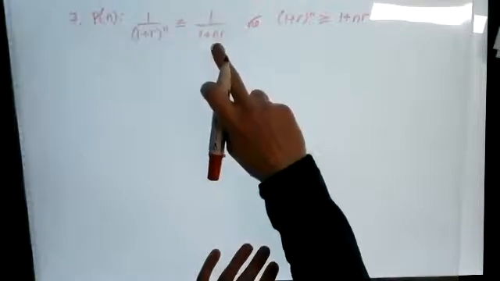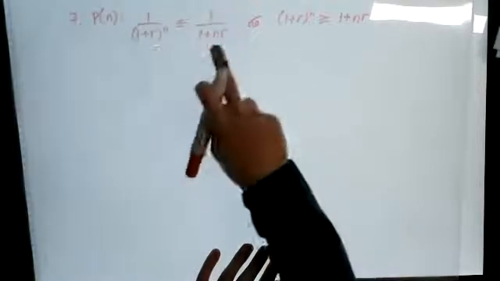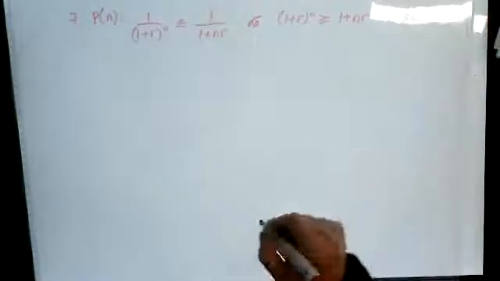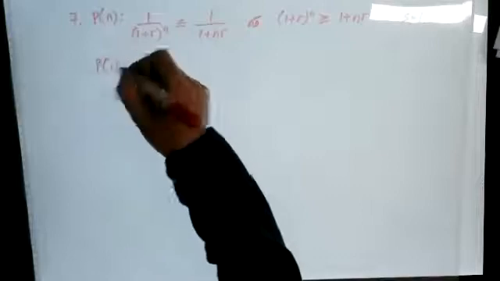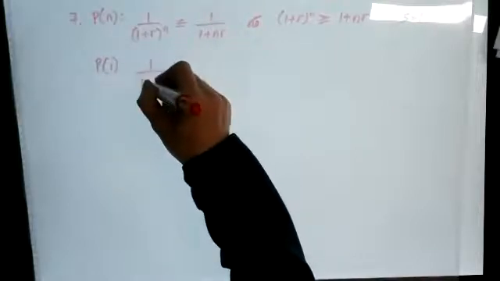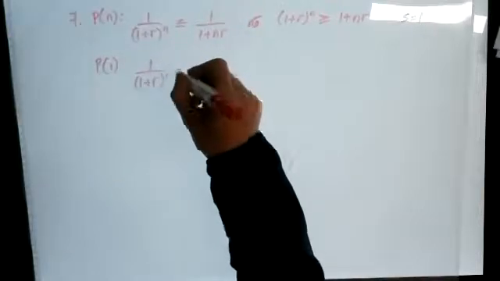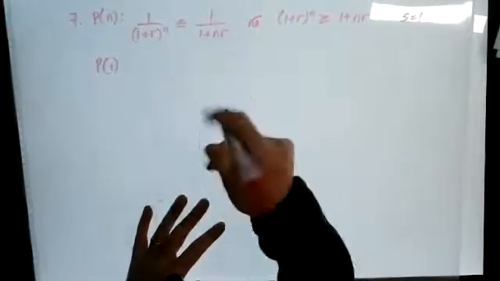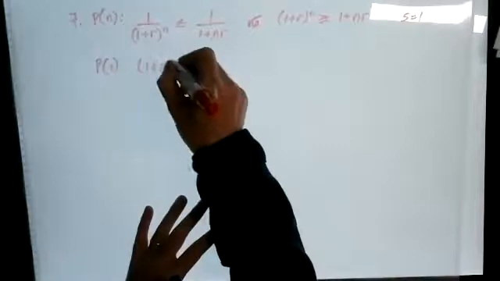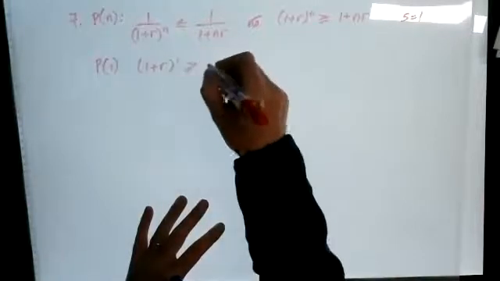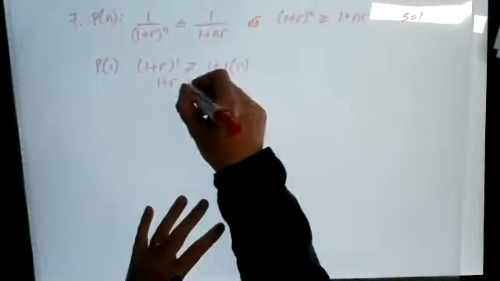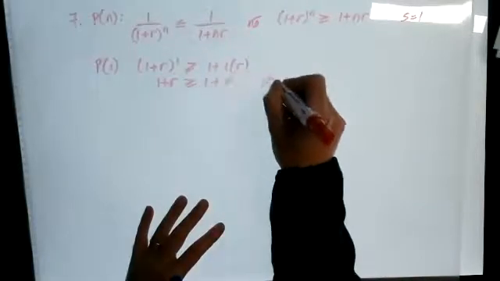Okay, we need to cross multiply, just add in the sign, so flip the inequality sign about the heart. Okay, so test with n equals 1: 1 plus r to the power of 1 is greater than or equal to 1 plus r. So you do 1 plus r, which is greater than or equal to 1 plus r, and that is true.